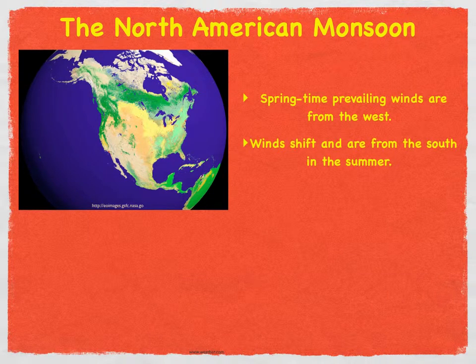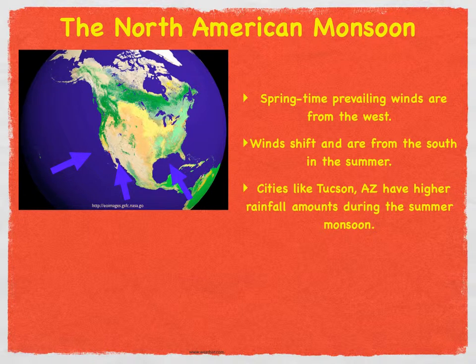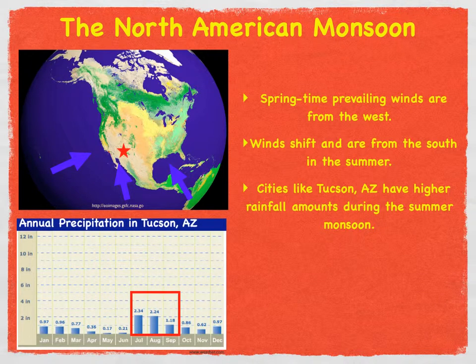The change in wind direction brings warm, moist air from the Gulf of Mexico, Pacific Ocean, and Gulf of California into the southwestern region. This warm, moist air produces higher rainfall amounts in the southwest during the months of the summer monsoon. In Tucson, Arizona, for example, rainfall totals are higher during the summer monsoon than any other time of the year.